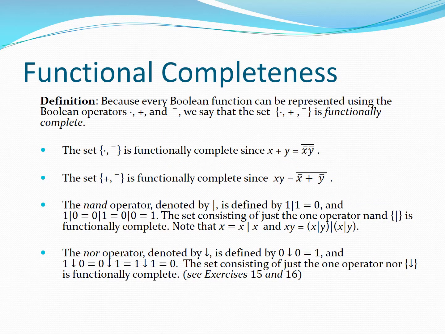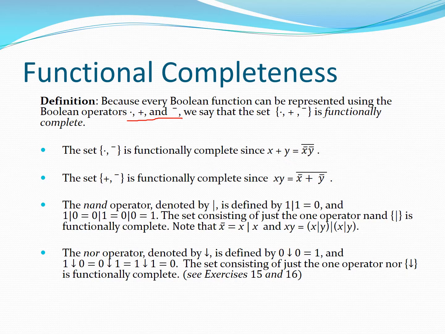All right, so the next concept we are going to look at is functional completeness. All right, so let's try to give a basic definition of functional completeness. We know that any Boolean function that we take can be represented using the three basic Boolean operators, which are your product, sum (addition), and your complement.